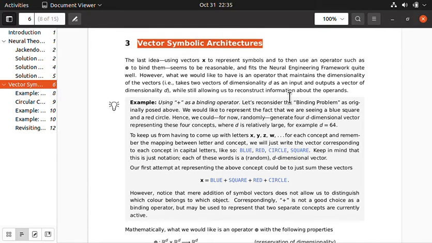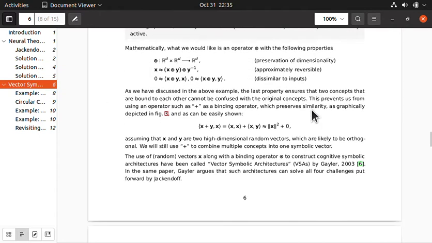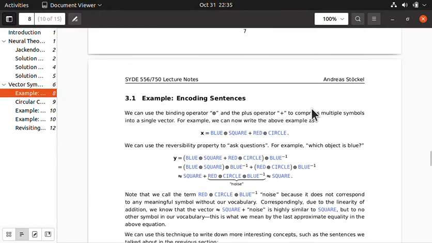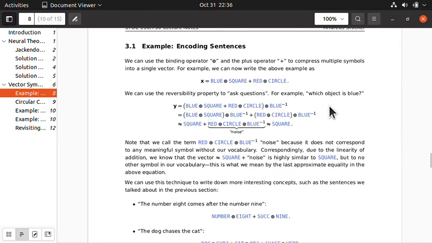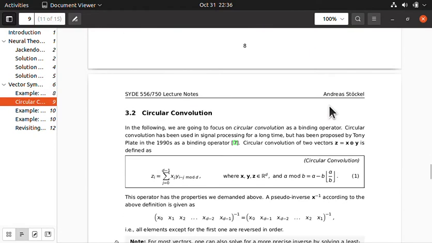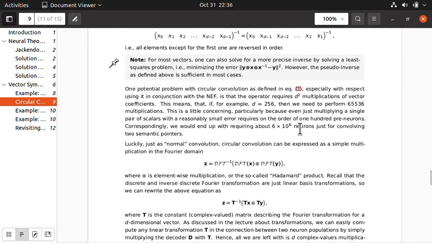Tony Plate, in his holographic reduced representations, was the first person to really push that. And it is going to be the case that addition and circular convolution are what we're going to be using.